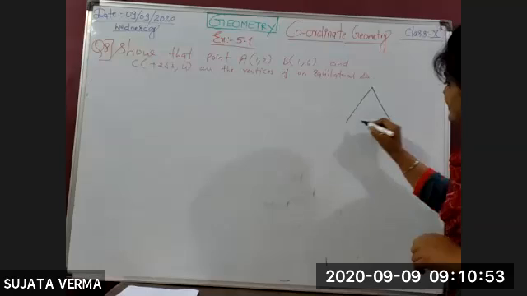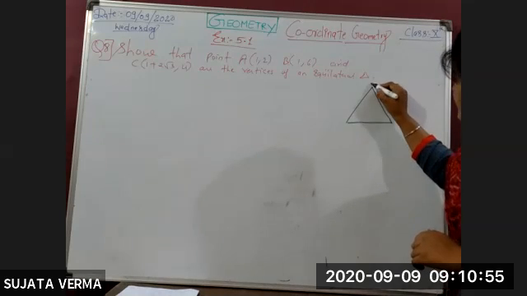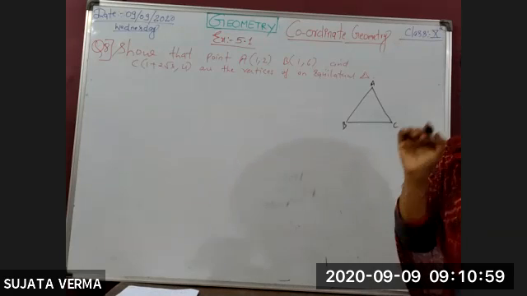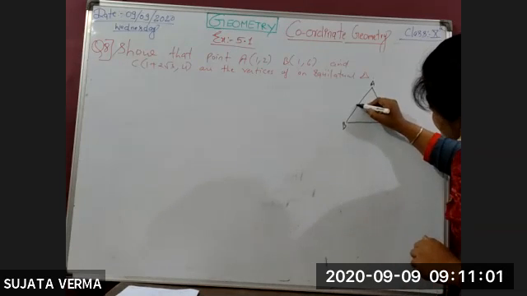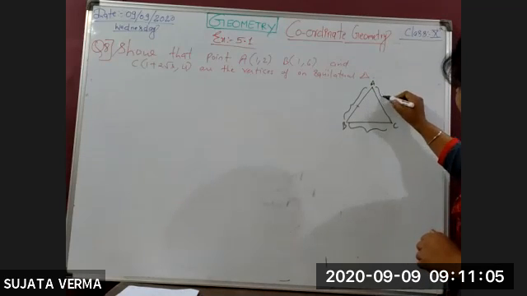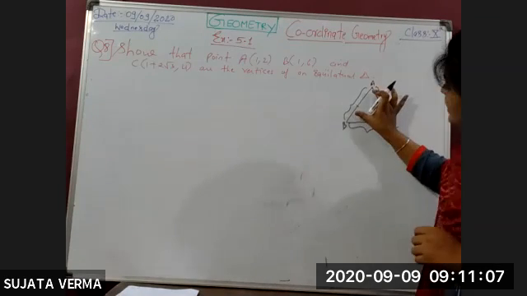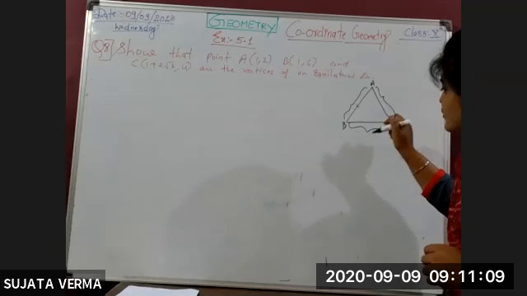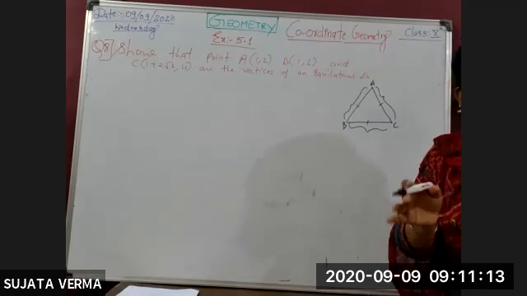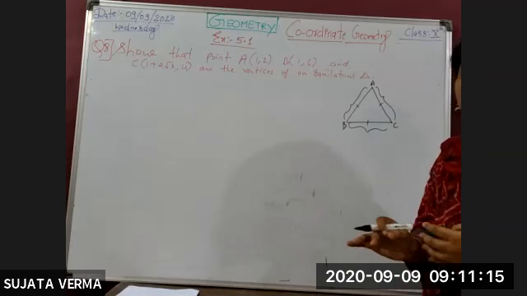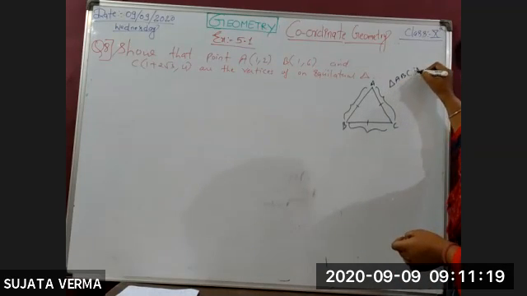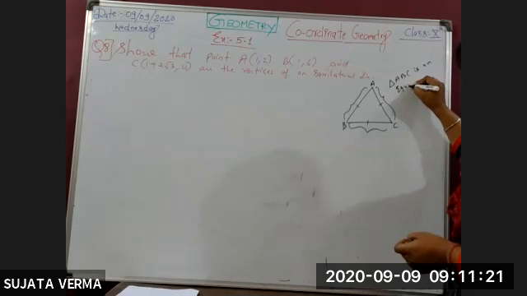This one is the triangle, and A, B, C are the vertices. If the lengths of AB, BC and AC are equal, all three sides are equal, then we say that triangle ABC is an equilateral triangle.